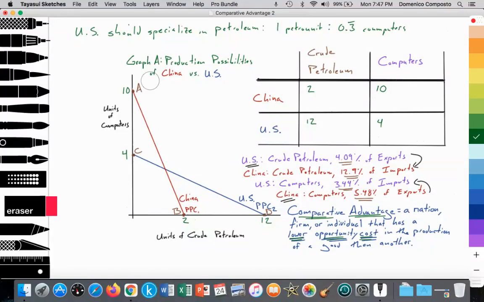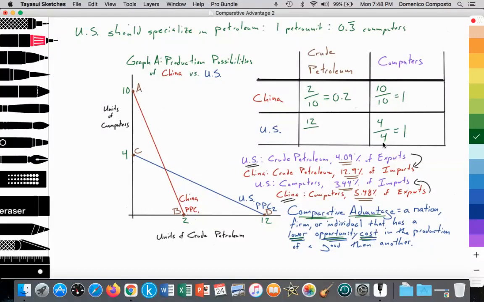So let's reduce this side down to 1 to see, every time they generate 1 computer, what's the opportunity cost? So 10 divided by 10 is 1, and 4 divided by 4 is 1. Here we're going to divide 2 divided by 10 to see what the ratio is, and that's going to work out to 0.2. Every time China generates 1 computer, they lose the opportunity to generate 0.2 units of petroleum.